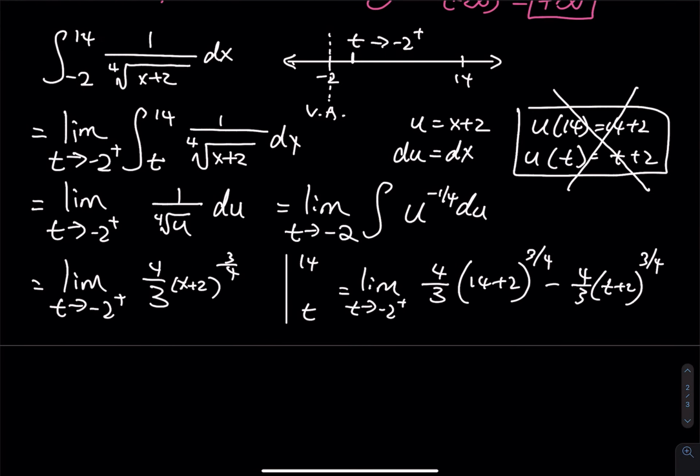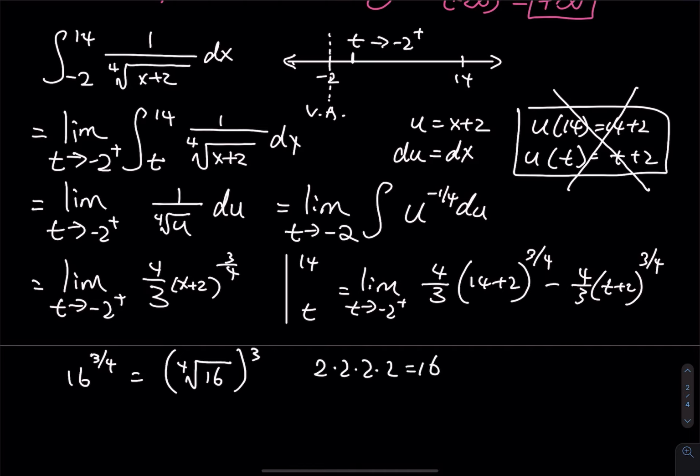Okay, so we have a 16, and then 3/4, so that is the 4th root of 16, and then raised to the 3rd power. We know that 2 times 2 times 2 times 2 equals 16. So this is 2 to the 3rd power, and that is equal to 8.